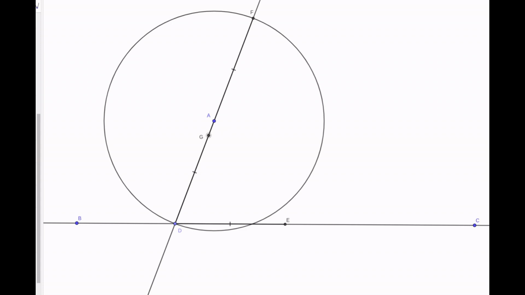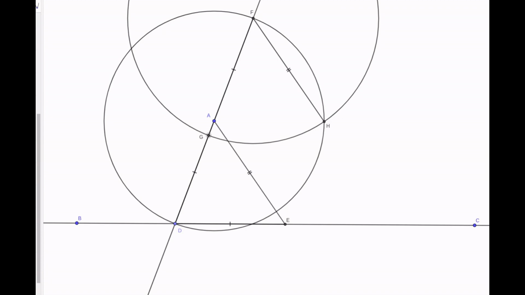Now if we draw the circle centered at F and passing through G, what we find is that we have another intersection point, H, with our circle centered at A and passing through D. Now what this means is that our line segment FH is going to be congruent to our line segment AE.